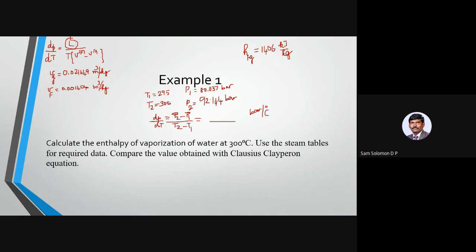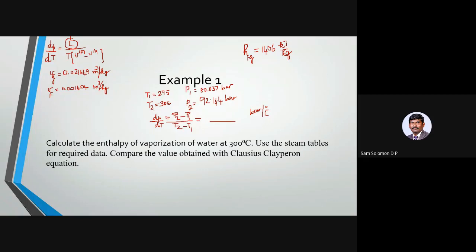For the difference, no problem. 305 minus 295 degrees centigrade is also 10. If you convert to Kelvin and then subtract, you'll also get 10. So the temperature difference is not a problem, but when you substitute temperatures separately, you should substitute it in Kelvin. So 300 plus 273 should be 573.